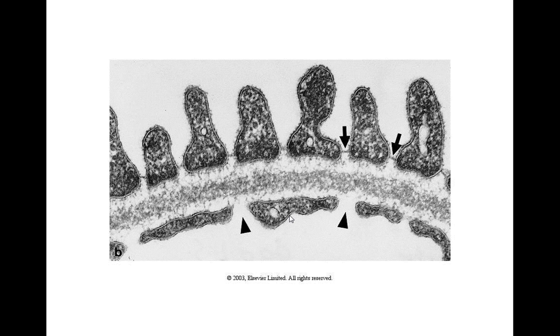This is called charge selectivity. It means that the endothelial cells can select the passage of substances according to their electric charge. If they have a negative electric charge, they cannot pass through the endothelium, because the endothelium also has a negative electric charge.